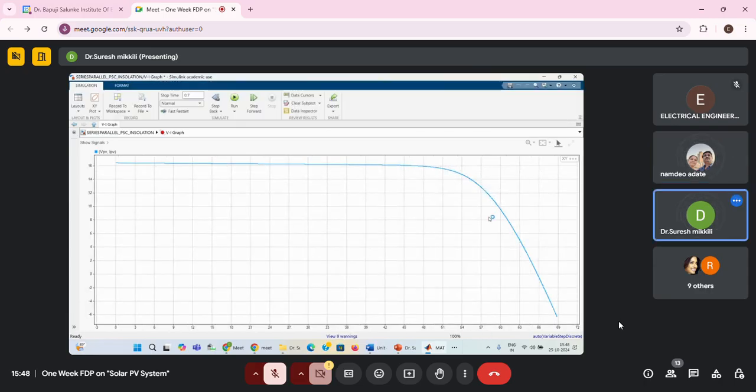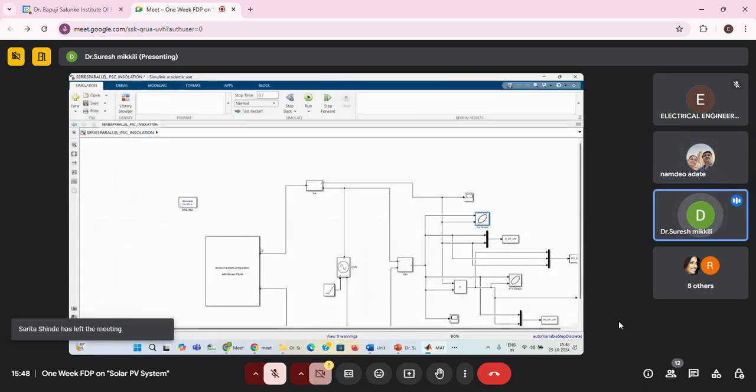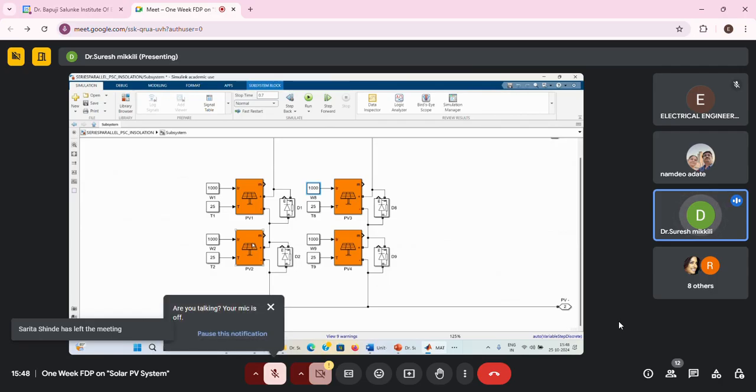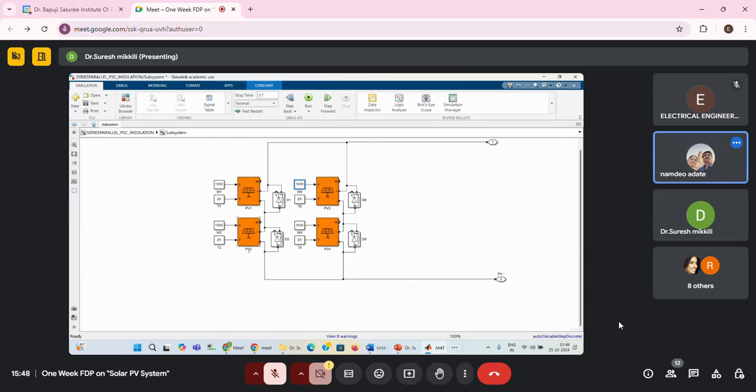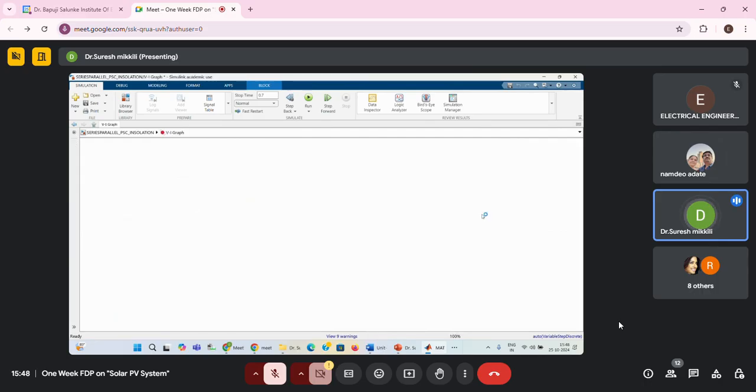Yes, 2 by 2 system. How much voltage should be there? Can you tell me? 2 cross 2 means two strings are in series. How much voltage should be there? 65 point something. How much current? In one string the current is 16 point something. Now can you visualize that in the IV curves?